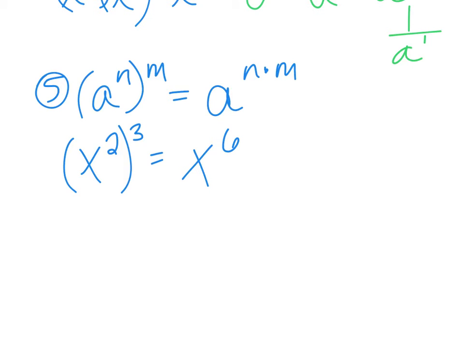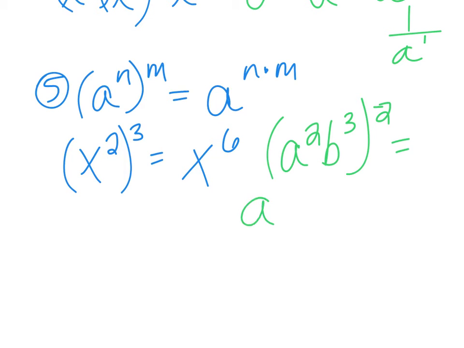Okay, if I had, let's try one like, my goodness, I just can't think. It's a good thing we did examples yesterday in class. If I had a squared b to the 3rd raised to the 2nd power, that's a to the 4th, b to the 6th.